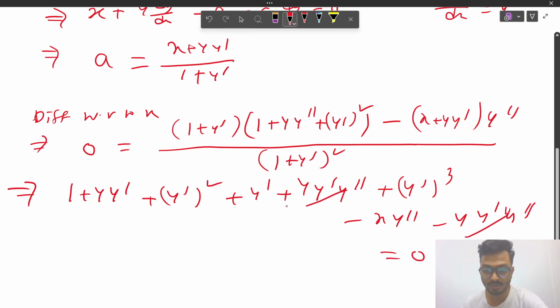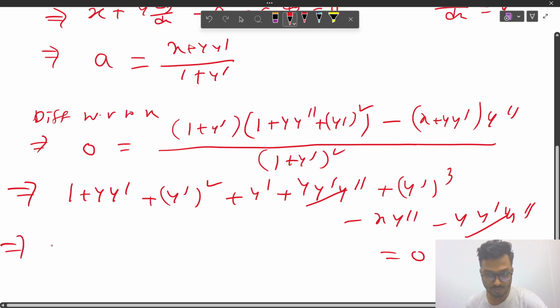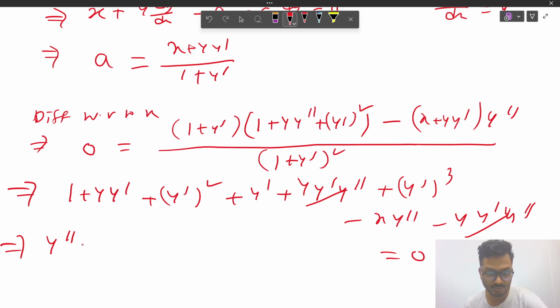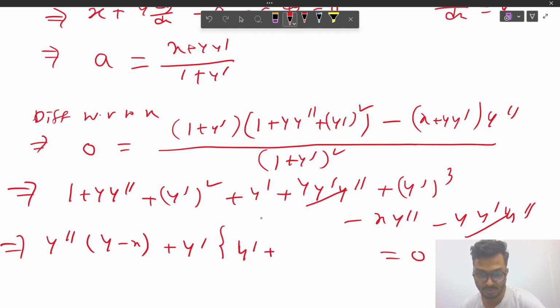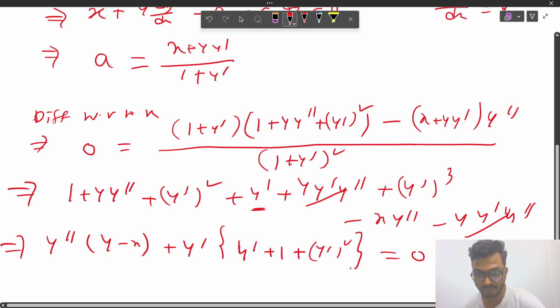So this will get cancelled. Taking y double dash common first, and then taking y dash common, we get y double dash into y minus x plus y dash into 1 plus y dash square, plus 1 equals 0.